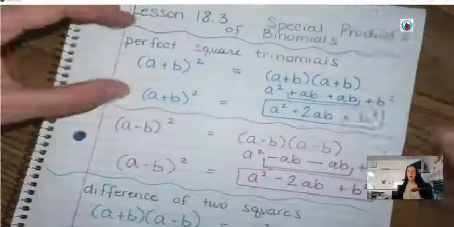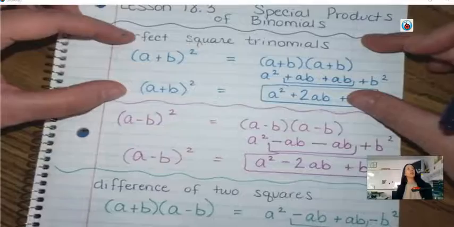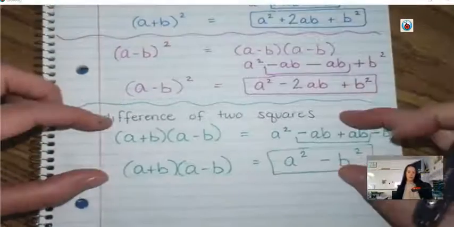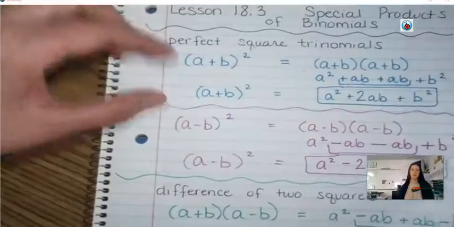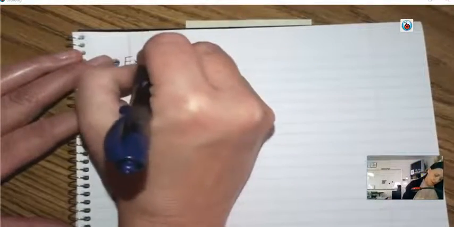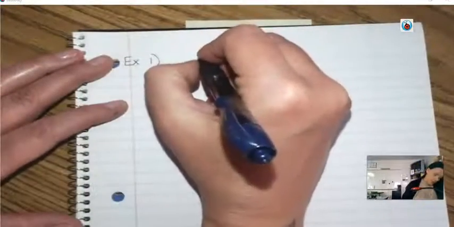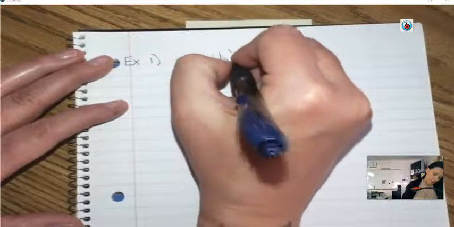Okay, example 1a. For example 1, we're going to be looking at these questions that look like this. Example 2 will be like this, and example 3 will be like these ones. So first we're going to start with that perfect square trinomial with a plus sign. So all of these with example 1, they're going to look like a plus b squared.